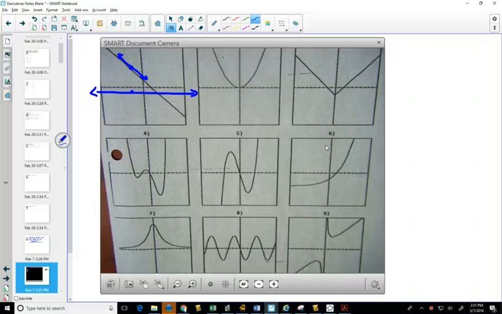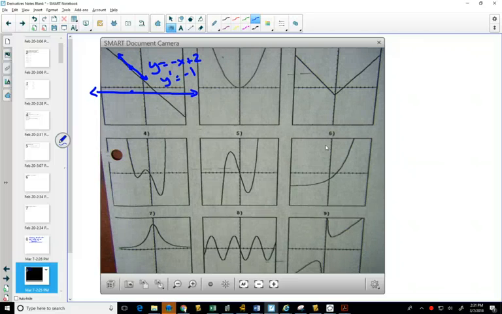Another thing you could do in this situation is say, oh, that's a line. I know the equation of that line. That line's equation is -x plus 2, because it has a y-intercept of 2 and a slope of -1. So if I did the derivative of that, it would just be -1, which is that horizontal line.